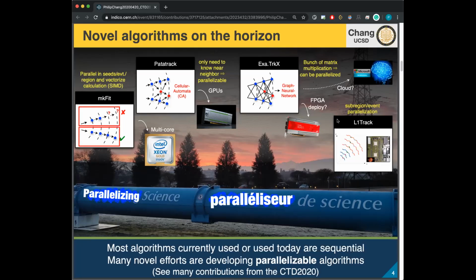And all of these things have a common feature in the sense that many of the ways they are approaching this problem, the keyword here is that we are parallelizing the algorithm so that much work can be done at a fast pace, so that we don't get swamped by the high luminosity LHC situations.